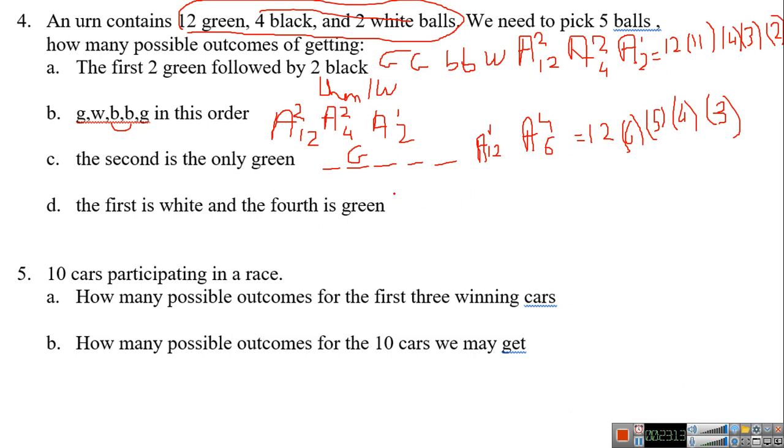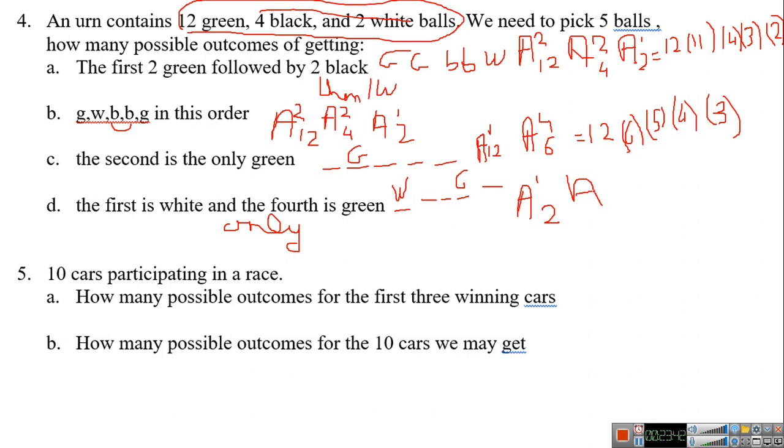The first is white and the fourth is green. So the first one is white and the fourth is green only. Okay. So the first one is white. So arrangement. I have one white, which is out of 2. I have one green.